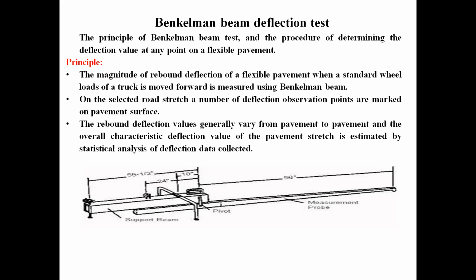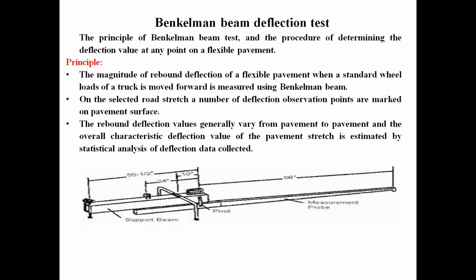The principle says that the magnitude of rebound deflection of a flexible pavement, when a standard wheel load of a truck is moved forward, is measured using the Benkelman beam test. The test procedure covers the determination of rebound deflection of a pavement under a standard wheel load and tire pressure, with or without temperature measurements.